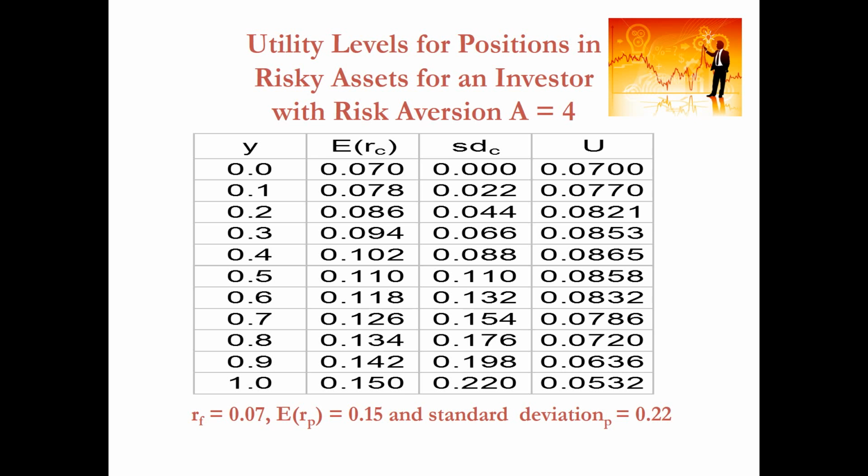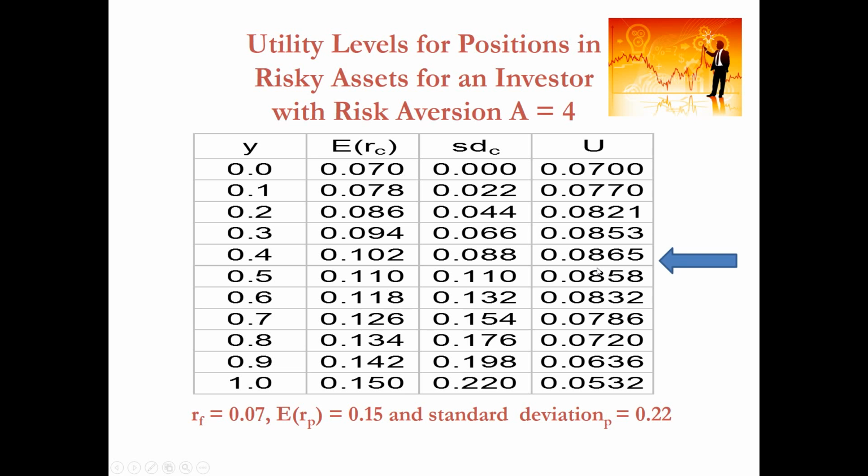Now we can see here as y increases, utility is increasing, getting to some point around 0.086 whereby utility appears to be maximum, and then utility starts to decrease with the increase in y. So we can say it is somewhere over approximately 40% where utility is maximized.